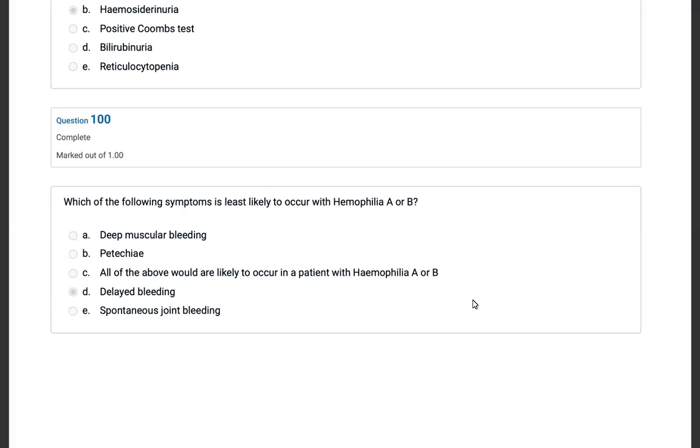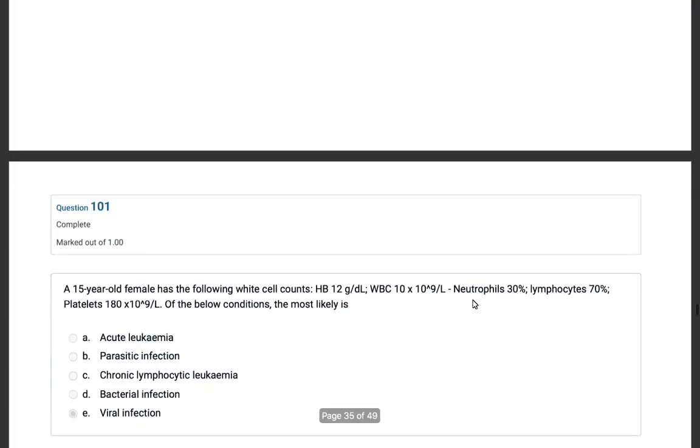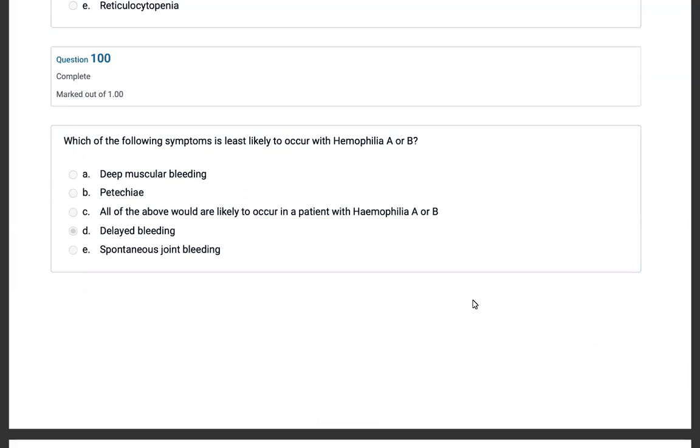Wait, I have a question. How come, we said it's delayed bleeding, then how come A is correct? Because they said spontaneous joint bleeding. You see, that one, the concept about bleeding within your joints will be that one.